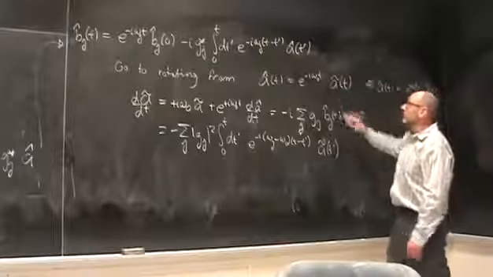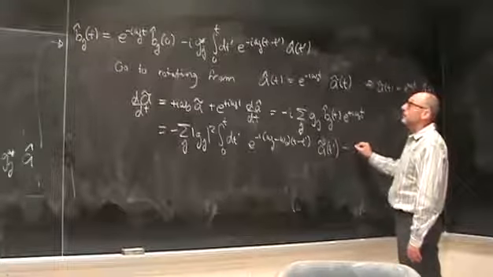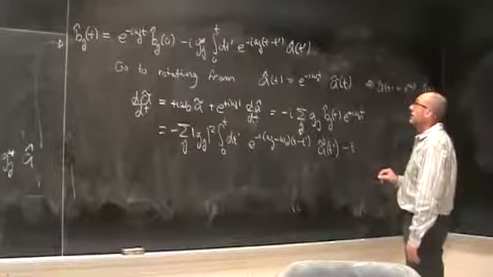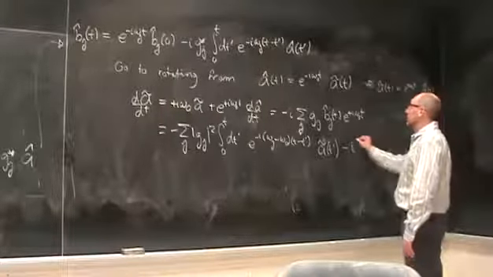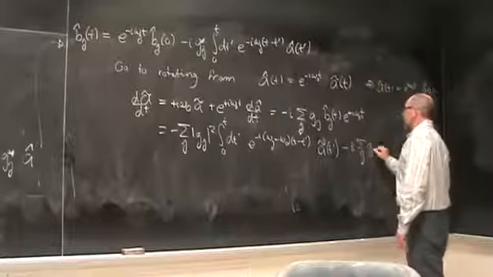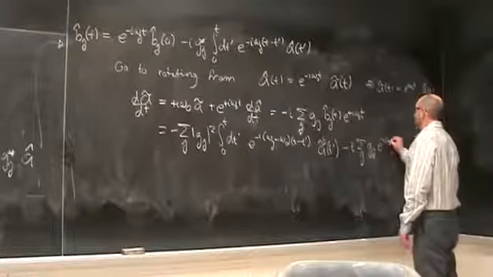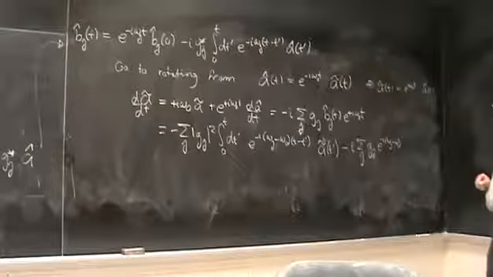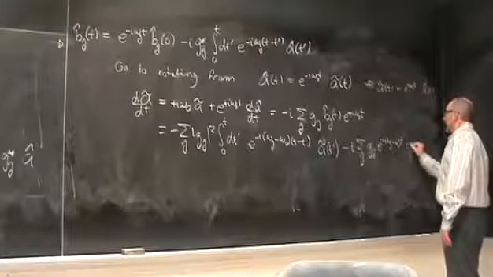That's from this term. And then I get minus i sum over j g_j e to the minus i (omega_j minus omega naught) t b_j at 0.